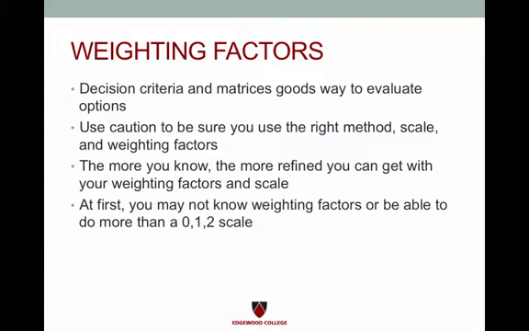And maybe you can even get a little bit more detail and get it out of a scale of 10. But at first you may not know what the weighting factors are, or be able to do more than just kind of a 0, 1, 2. If you've got 3 options you're considering, what's the worst option, which would get a score of 0? What's the best option, what would get a score of 2? And then what's the one that falls in the middle, which would get you a score of 1?